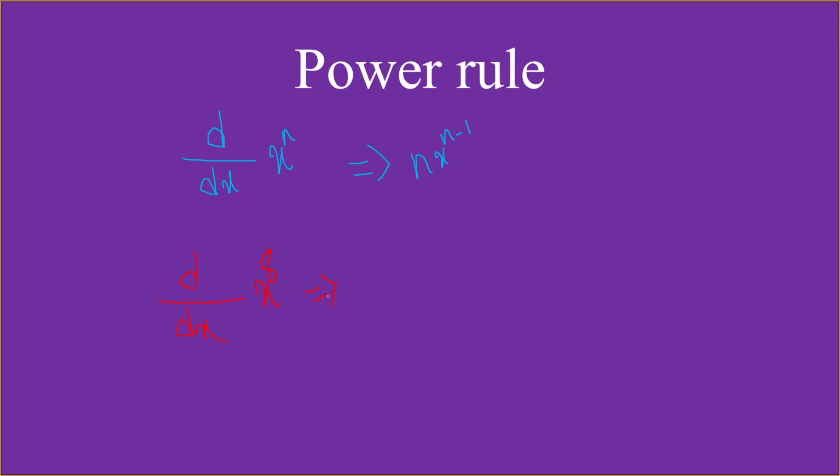Here 8 is the n, so the 8 will come forward, 8x to the power 8 minus 1. So my final output will be 8x to the power 7. So this is the power rule. When we're doing something with a power, the power comes forward and subtracts 1 from itself.